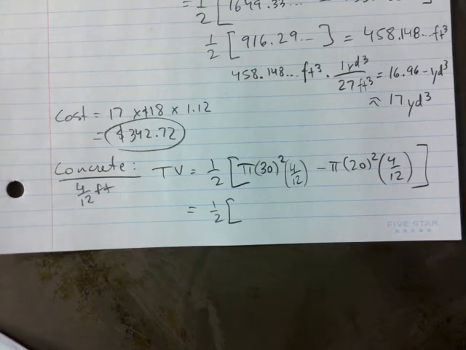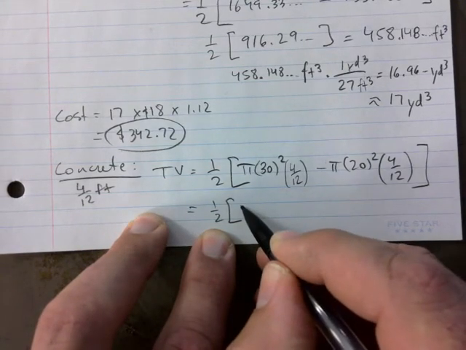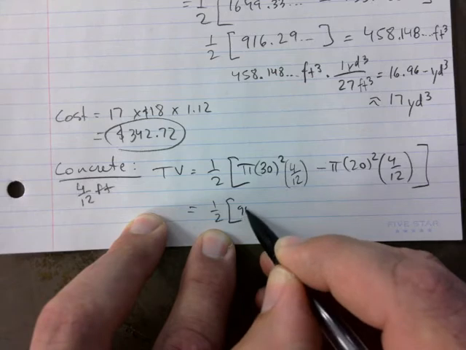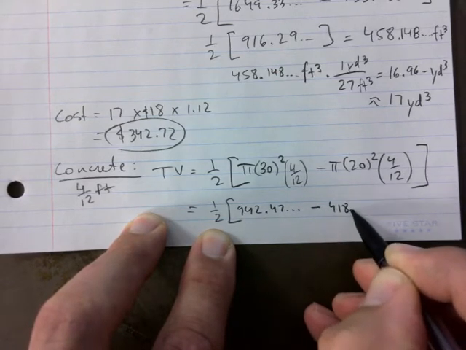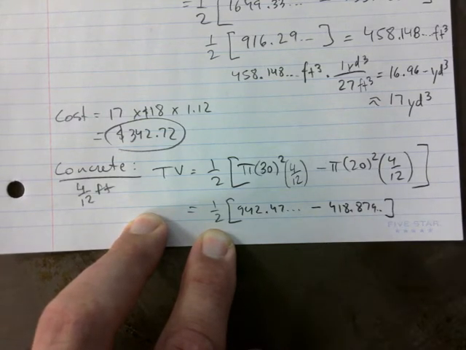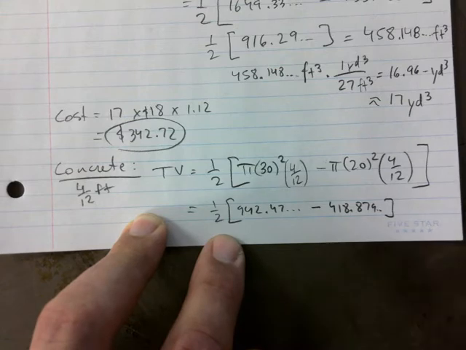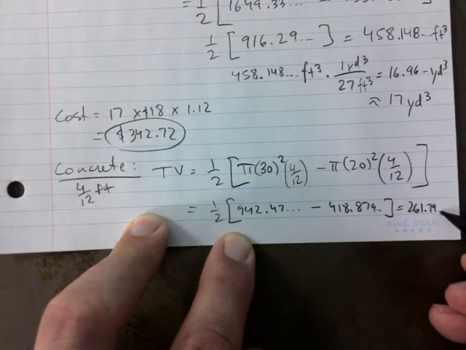I think it's faster for me to just type it in. So this is 942.47 minus 418.879. So I'm going to subtract them, divide it in half. So that's 261.79 cubic feet.